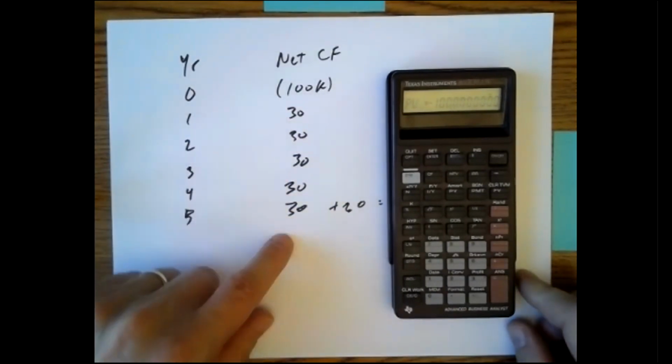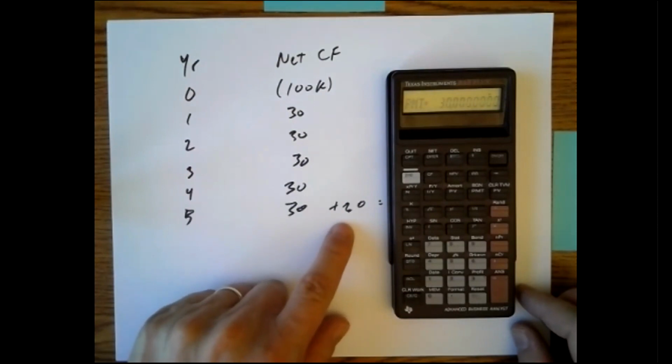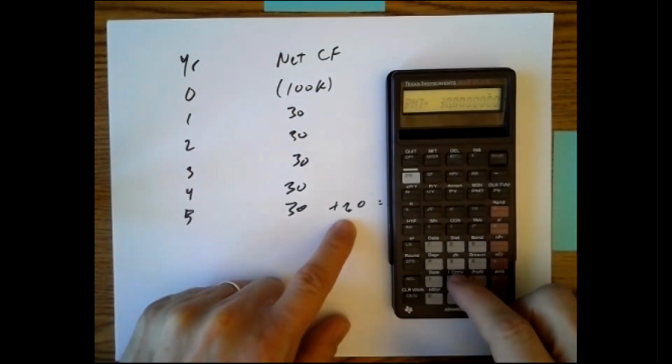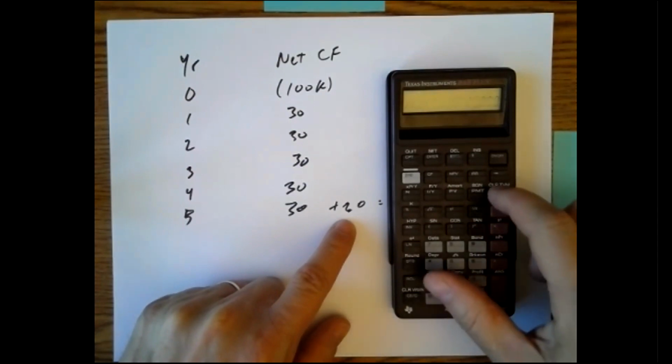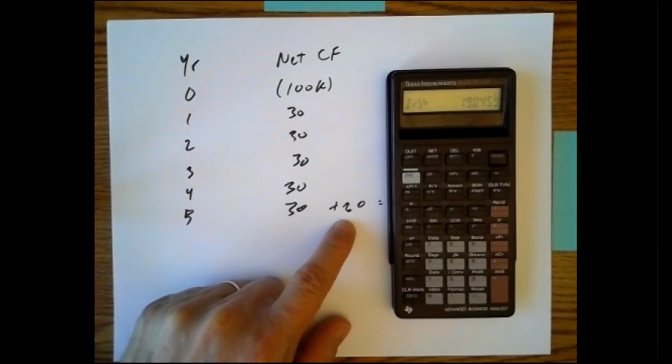And then we have payments of 30,000. And then we have a future value. So the salvage value can be treated as a future value of 20,000. And then you just hit compute interest rate per year. And we get, this is equivalent to the IRR, 19.05.